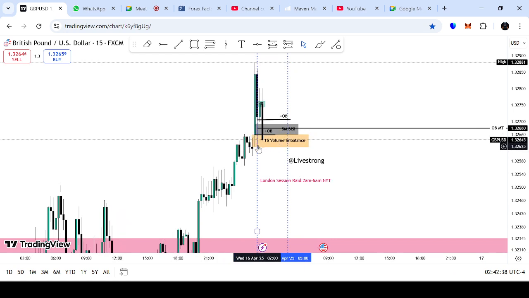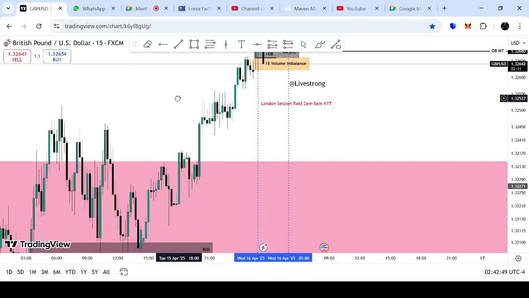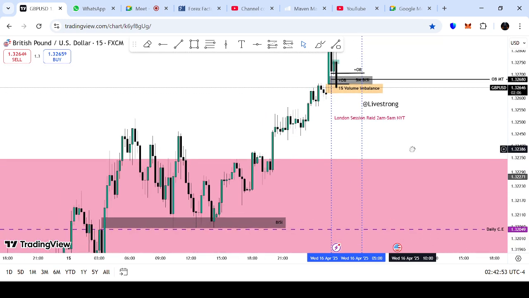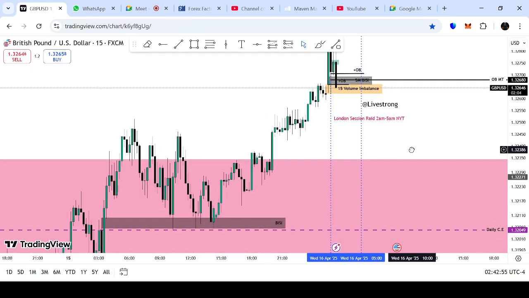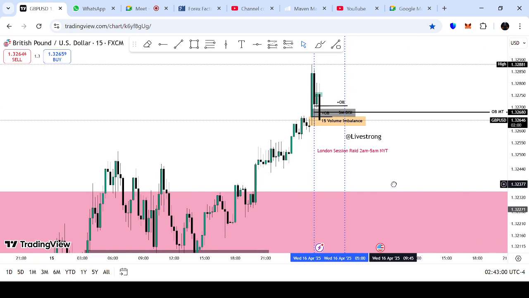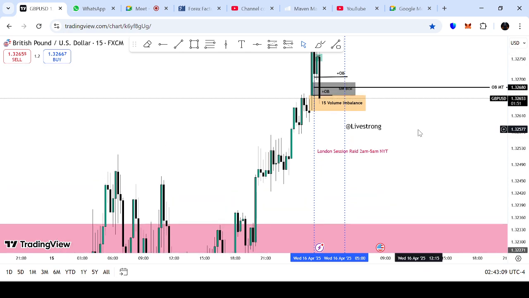Secondary delivery inside the volume imbalance. That's a 15 minutes volume imbalance there.